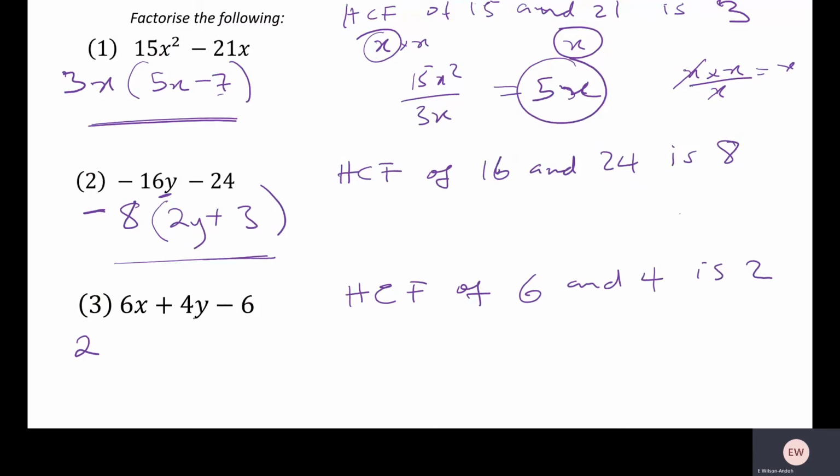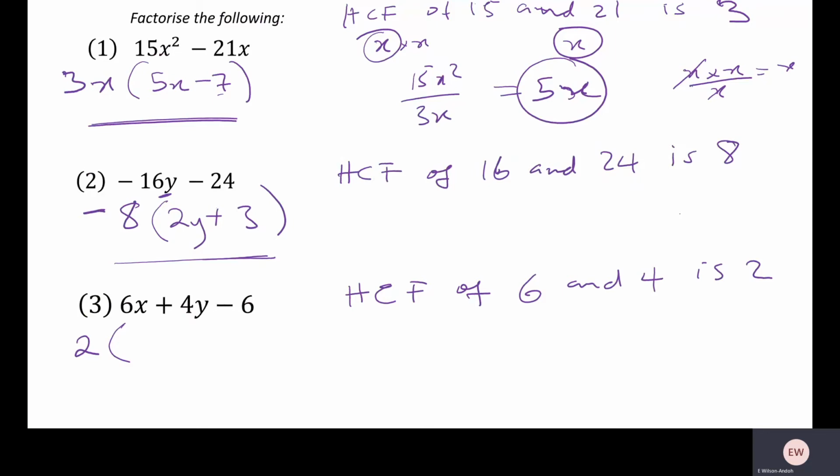We have x here, y there, no variable there, so no common variable. And a common variable, you must find that variable in each term. So even if you have 2 terms with the same variable, and the other one does not have that variable, we do not have any common variable. So our highest common factor for this expression is 2.